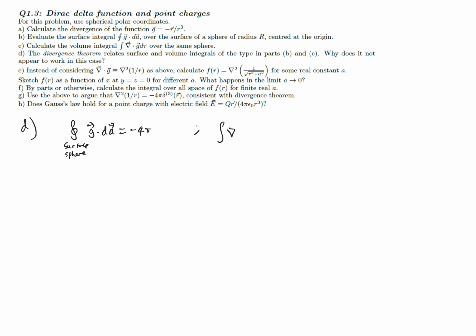Whereas, if we calculate the divergence of g and then integrate it over some volume, which is going to be the volume of a sphere, then we apparently found that that was equal to 0. That's because in part A, we showed that the divergence of this function was equal to 0. So if we integrated over some volume, presumably we also get 0.